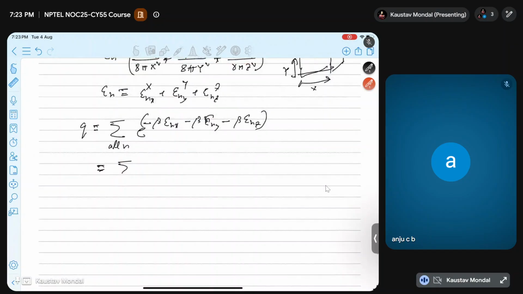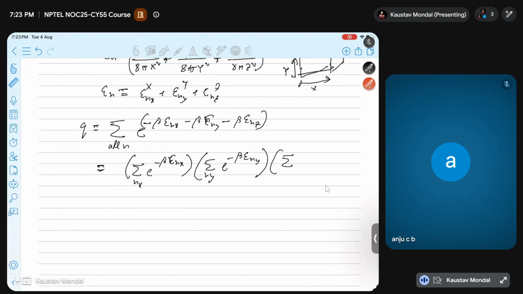If you take the sum, you can write this whole thing as a multiplication: summation over nx of e to the power minus beta E nx, times summation over ny of e to the power minus beta E ny, times summation over nz of e to the power minus beta E nz.